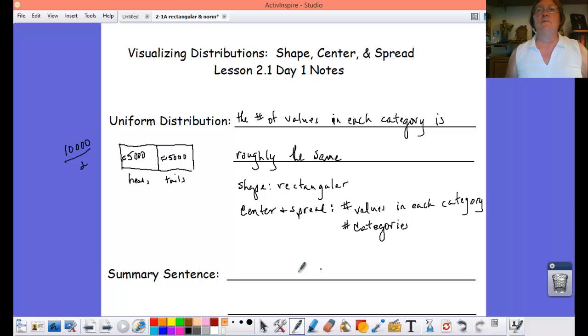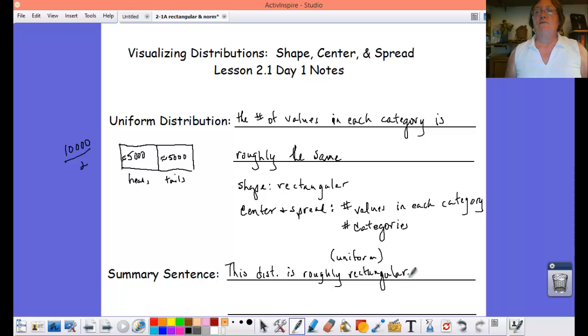If I were going to write a summary sentence about a uniform distribution, I'd say something like, this distribution is roughly rectangular in shape. See, it's never going to be perfect, and I'm going to abbreviate here. Distribution is roughly rectangular. Or you might just use the word uniform here, since that's the technical name for it.